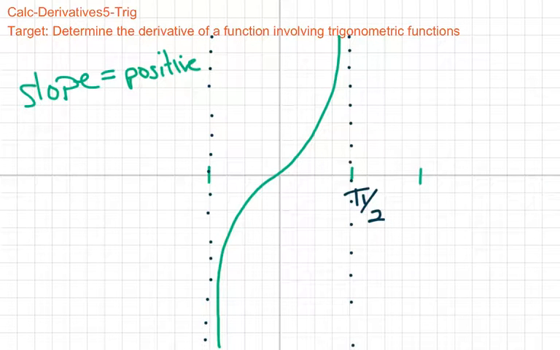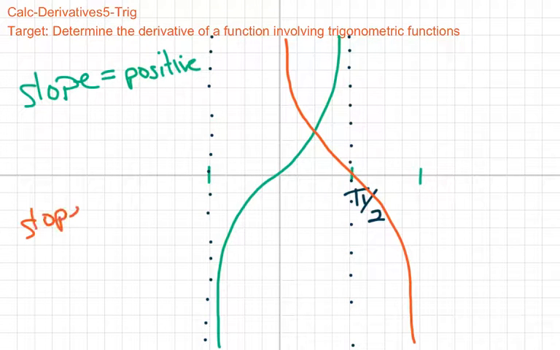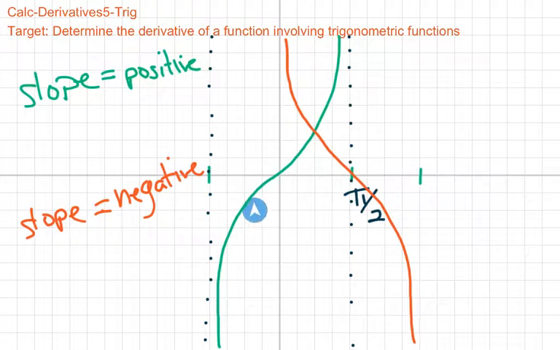So it looks something like this, or this, or this. So all the values and the asymptotes of tangent and cotangent at this point is not really my concern. What my concern is that I look at the green graph and I see positive slope. And I look at the red graph and I see negative slope.